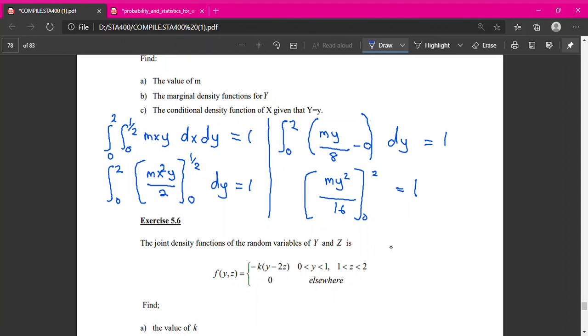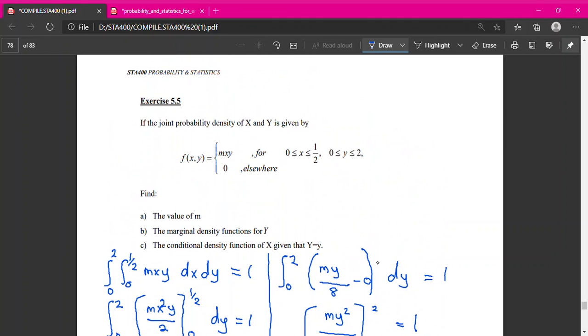So you akan dapat 4m divide dengan 16 equal to 1. Should be minus 0 equal to 1 sebab we replace y with 0. So m will be 4. So we get m equal to 4. So the function here should be 4xy.